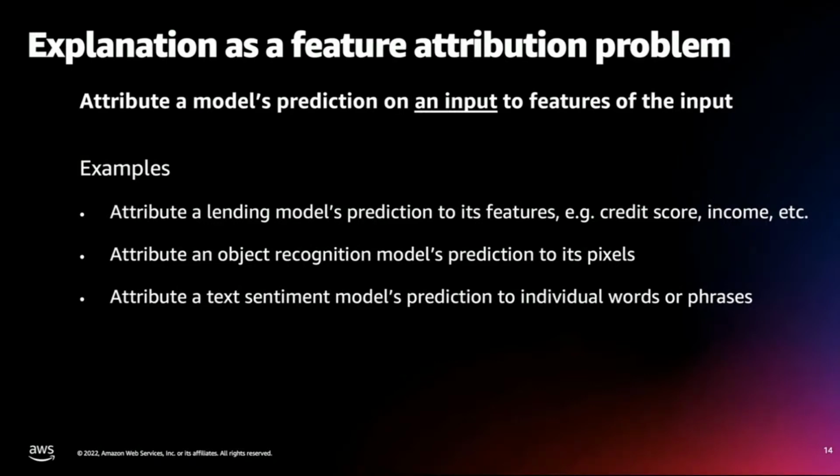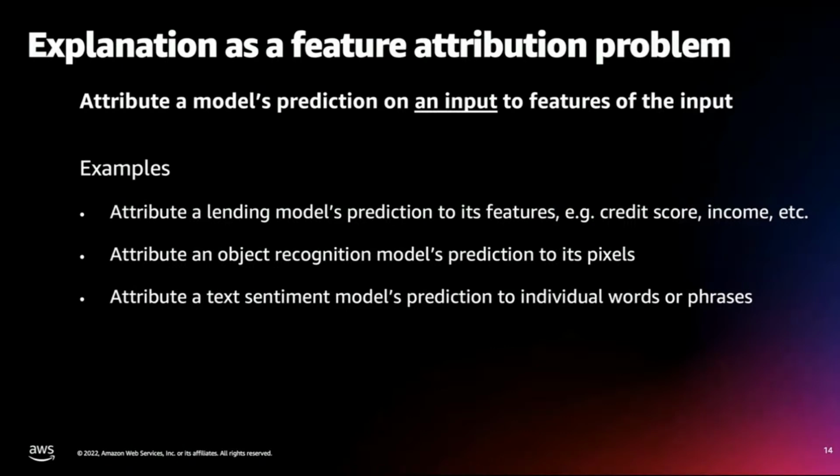So for example, if we have a lending model, then we want to attribute its prediction of whether to underwrite the loan or not to the different inputs that went into it, such as your credit score, your income, and maybe other parameters. If we talk about different modalities such as object recognition or text sentiment, then again, we need to attribute the predictions to the corresponding inputs.